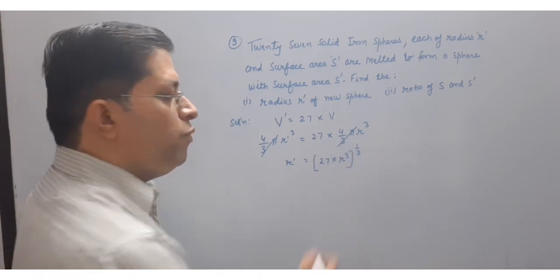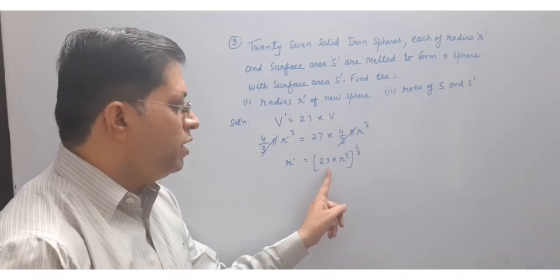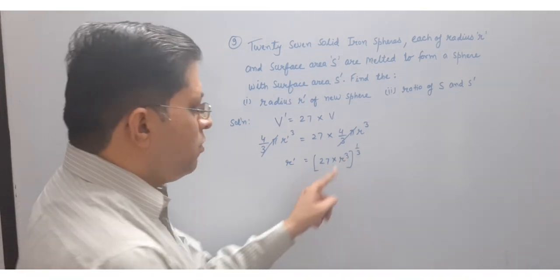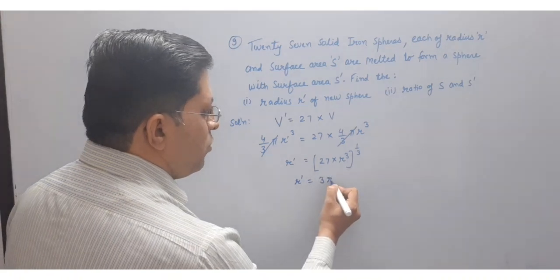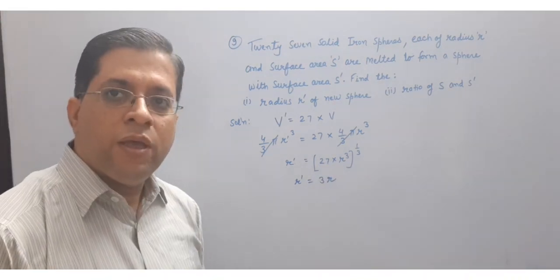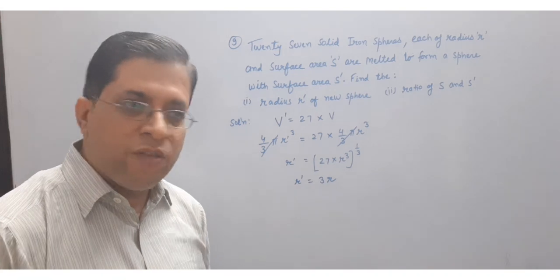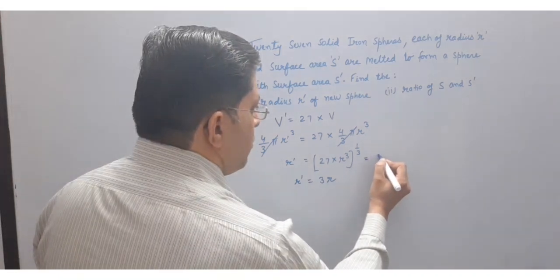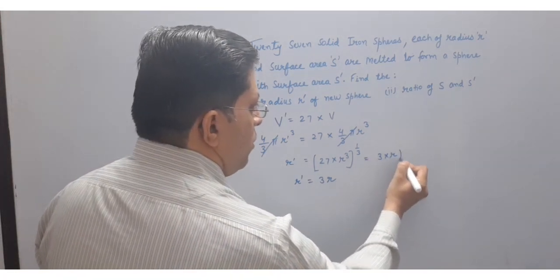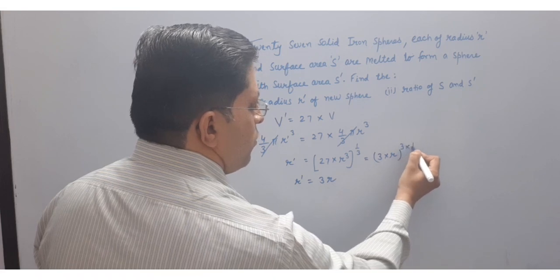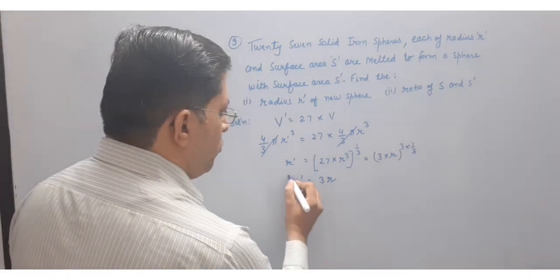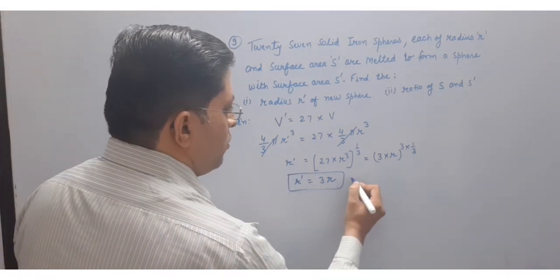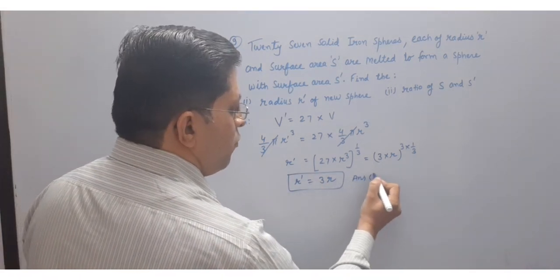Take the cube root of it. 27 is 3 cube, so this will become 3r. 3 into 3 into 3 is 27. I am writing here 3 into r, whole power 3, then 1 upon 3. Both cut, so r dash is equal to 3r. This is your answer number 1.